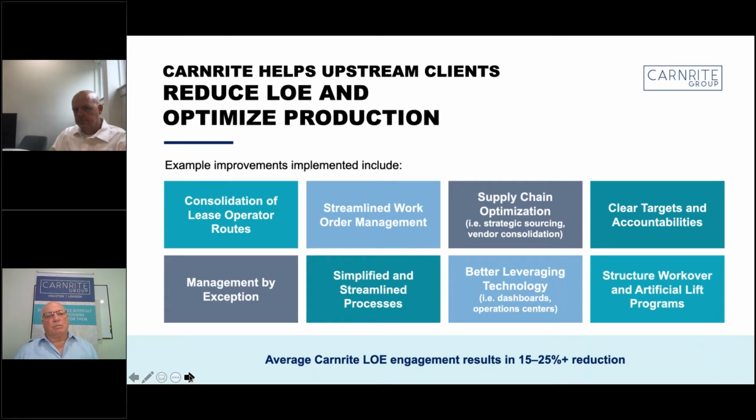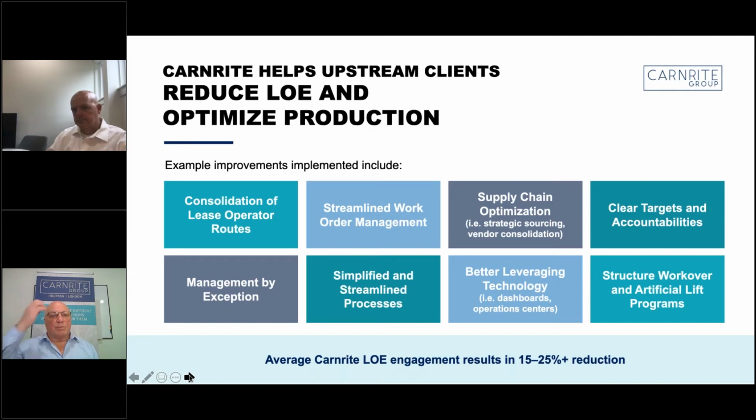Where we've seen opportunities, and hopefully some of our clients were on the call, is obviously management by exception, which leads to optimizing lease operator routes, streamlining work order management, and supply chain. We almost have to bid out our supply chain every 6 months because the market is changing so quickly.